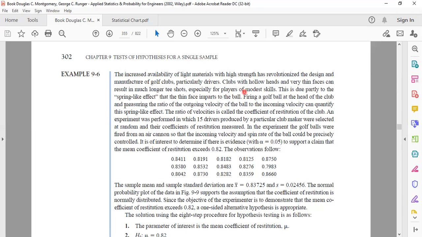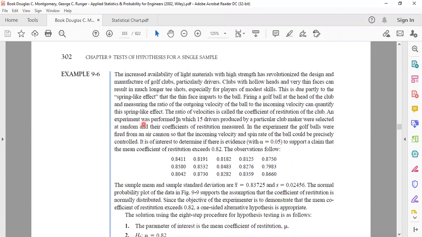Tee shots is a term associated with golf. This is due partly to the spring-like effect that the thin face imparts to the ball. Firing a golf ball at the head of the club and measuring the ratio of the outgoing velocity of the ball to the incoming velocity can quantify the spring-like effect. The ratio of velocities is called the coefficient of restitution of the club.